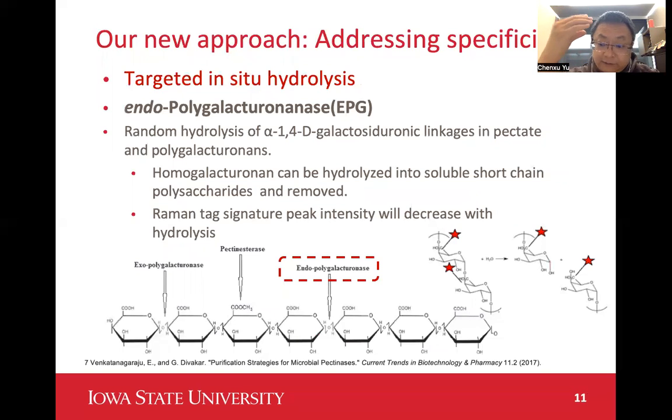We can identify the presence and the location of the PGs in the plant cell wall. So that's what we're doing here. And later on, I will show the results that we obtained by using a second enzyme to go along with it. I will explain that when we get there.